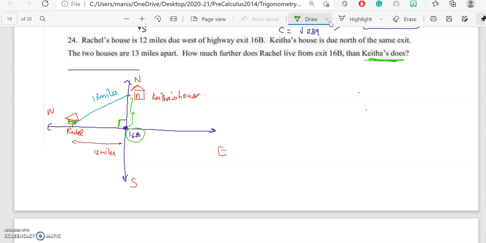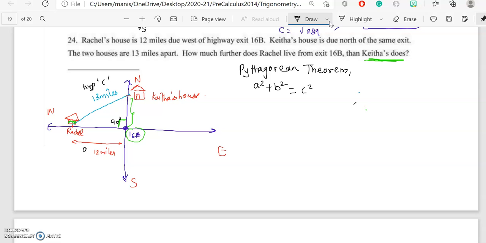Now, as you all can see, this is a 90-degree angle over here. Because of this 90-degree, this will be your hypotenuse, or technically it will be C. So I will apply my Pythagorean theorem over here. A square plus B square is equal to C square, where C is the hypotenuse.